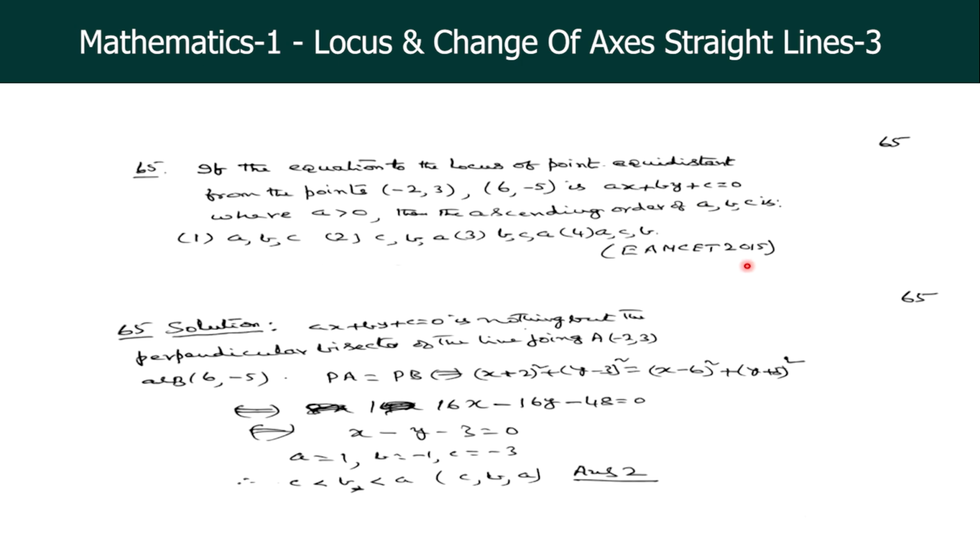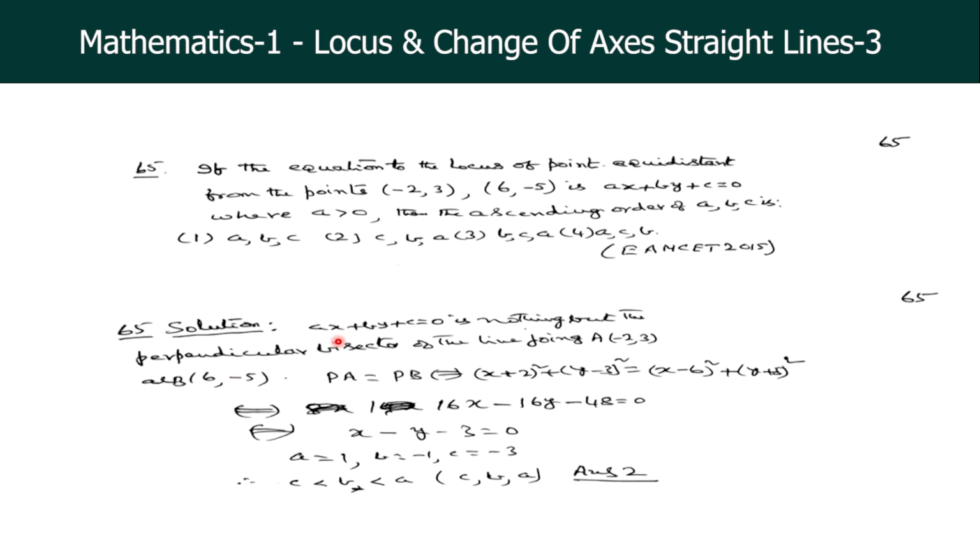This is EAPCET 2015. And you know that ax + by + c = 0 is nothing but the perpendicular bisector of the line joining A(-2, 3) and B(6, -5), because the locus of the point equidistant from two points is nothing but the perpendicular bisector of the segment joining the two given points.